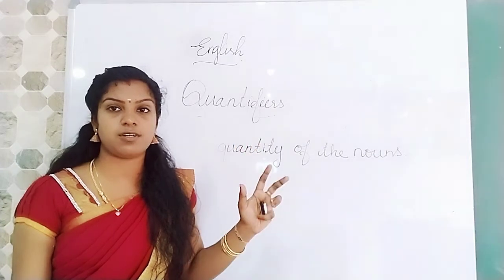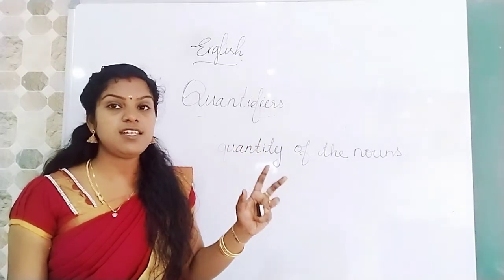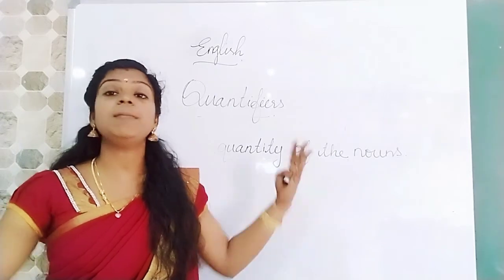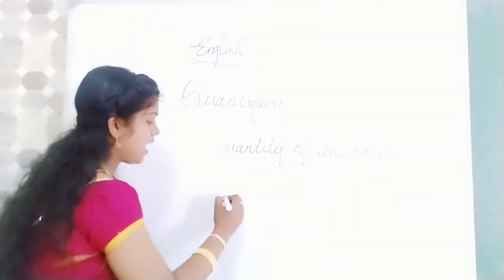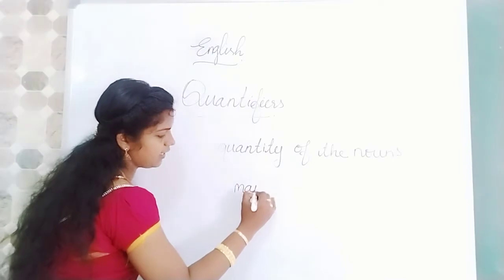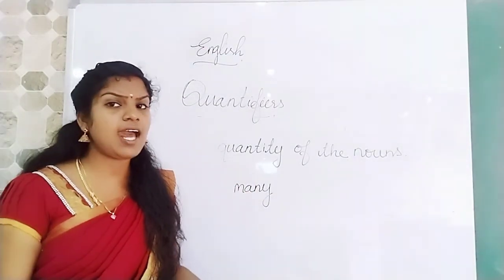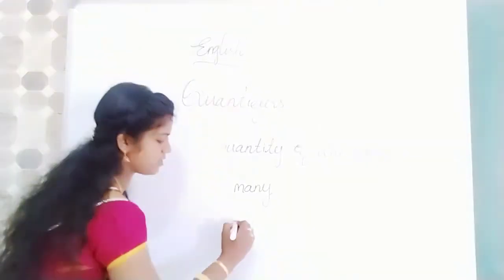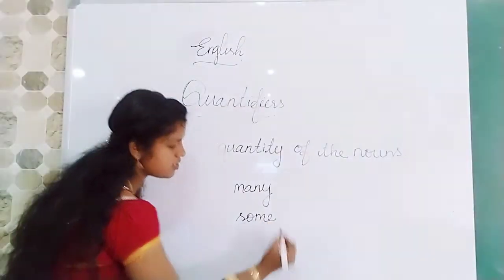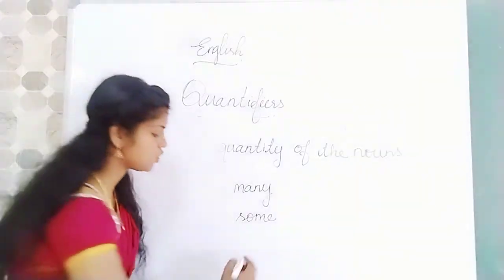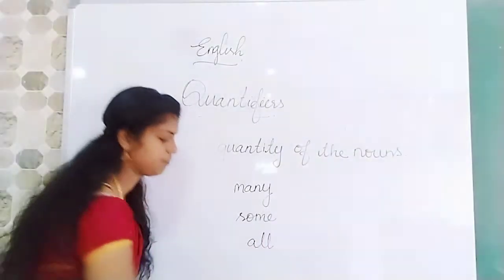This is a noun, right? How many chocolates do you have? I have many chocolates. I used the word many here. I have some chocolates. I have given all my chocolates to my friend.